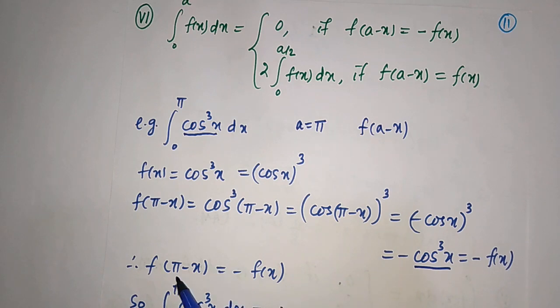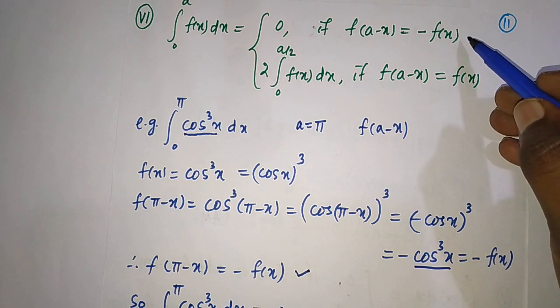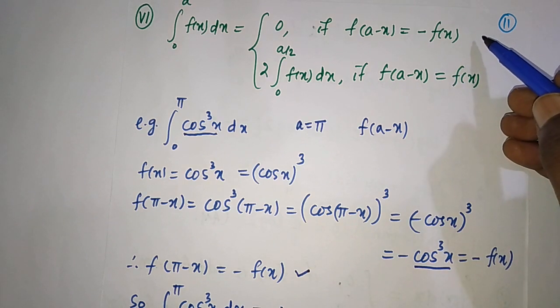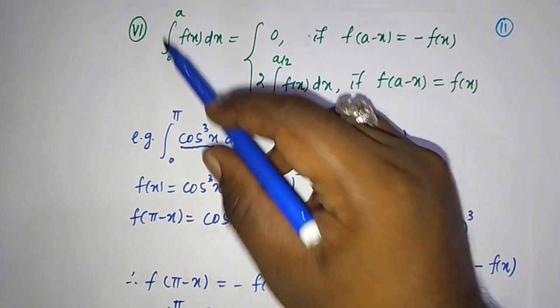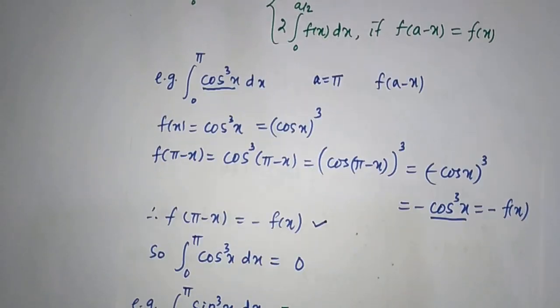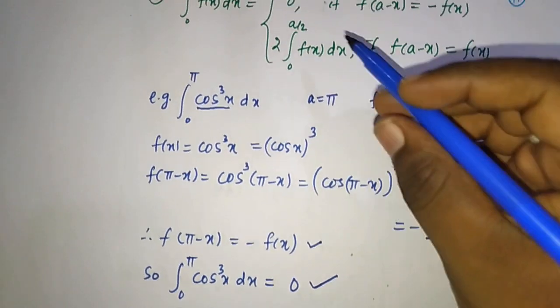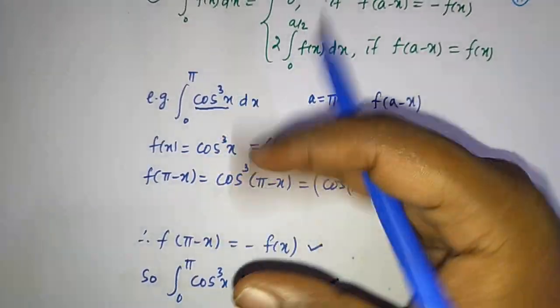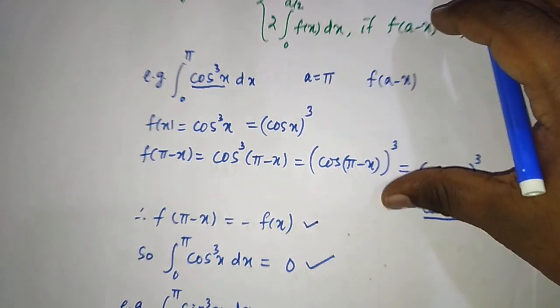So here we have got f of pi minus x is equal to minus f of x. Here it satisfied the first condition. If it satisfies the first condition, then the integration of this thing is 0. So you don't need to find its solution by integrating, you can directly write its value as 0.